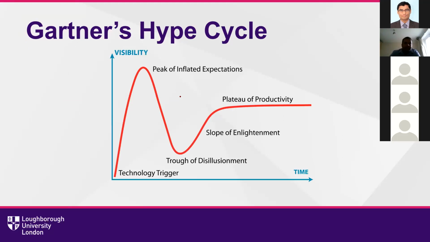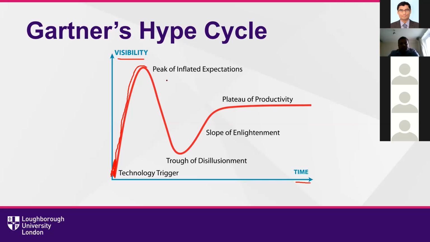The hype cycle is something like this. Let's say visibility is on the y-axis and time on the x-axis. Initially, the technology emerges, and that's where people start to talk about it.